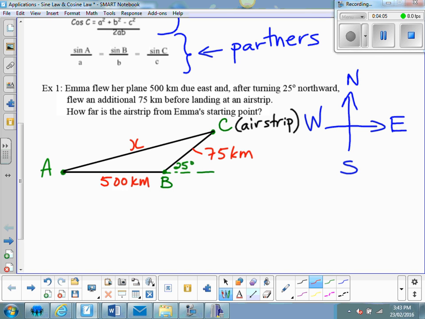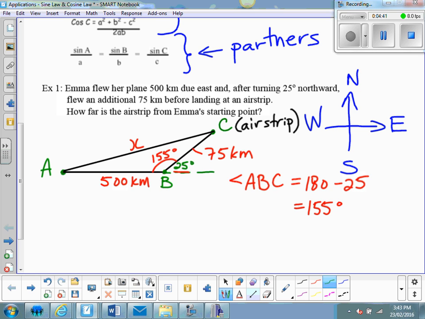I know this angle that's outside the triangle, but I can use that 25 degrees to find that angle at B in the triangle. So angle ABC, which is that angle inside the triangle, is equal to 180 minus 25. So that angle inside the triangle is actually 155 degrees.